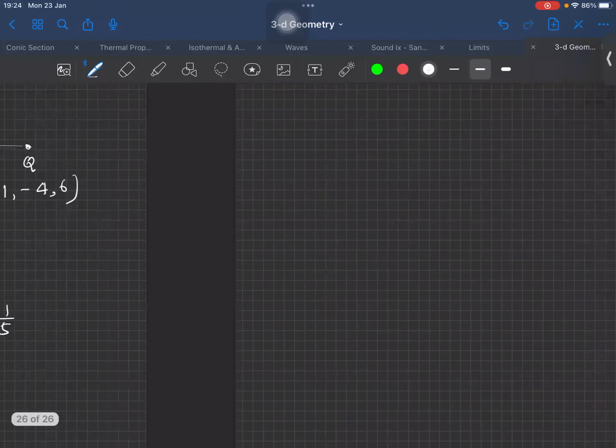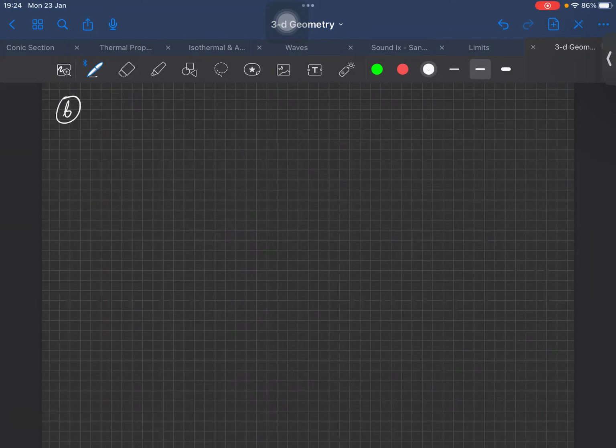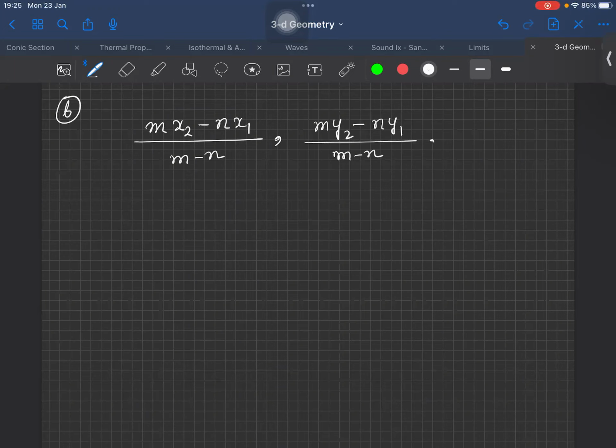Now in question B, it says it divides externally. So if the line divides it externally, how will you write the section formula? It will become (mx2 minus nx1) divided by (m minus n), comma, (my2 minus ny1) divided by (m minus n), comma, (mz2 minus nz1) divided by (m minus n).